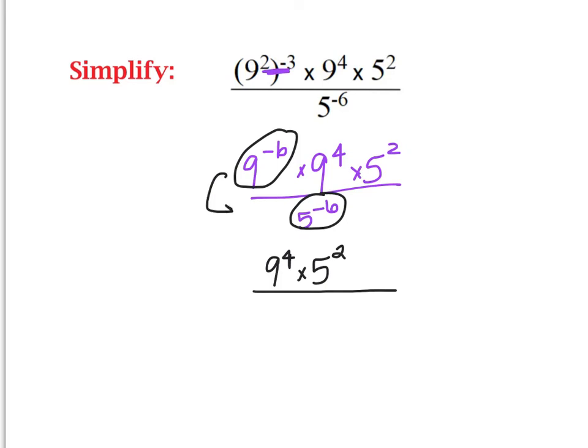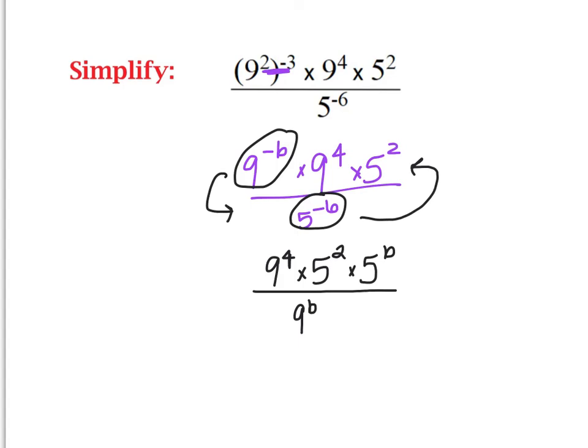I need to move the 9 to the negative 6th down to the denominator. And remember, it's just the opposite. If I have a negative in the denominator, I need to move it up to the numerator, and it'll become positive. So again, a negative exponent, when you move it to the opposite side of your fraction bar, becomes a positive.